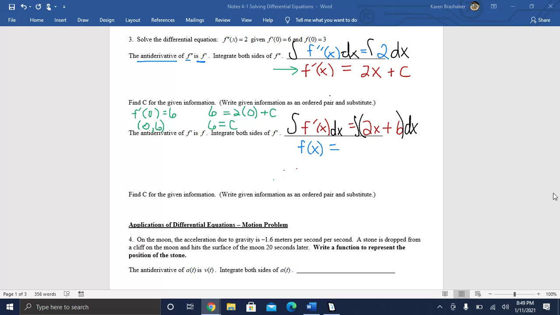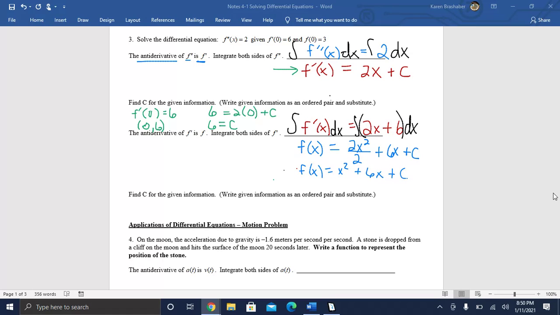So for 2x, we'll have 2, and we'll add 1 to the exponent and then divide by that. So 2x squared over 2 plus, and then for the 6, it would be 6x plus c. So simplifying, f of x would equal x squared plus 6x plus c.